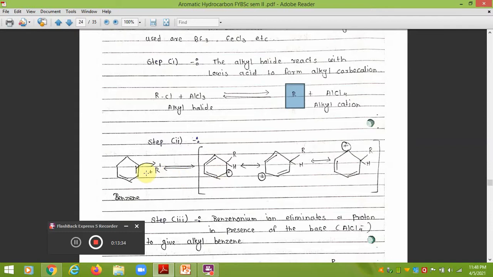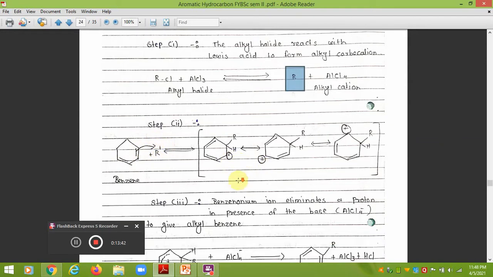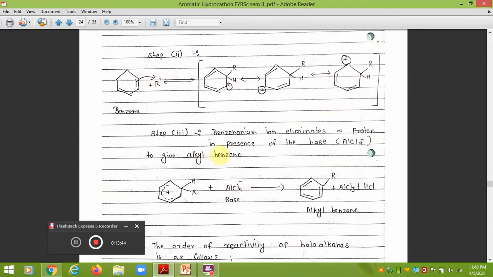In the next step, the pi electrons of the benzene ring attack this electrophile, and it gives the formation of the benzenonium ion, a non-aromatic compound. So again, it is the slow step.